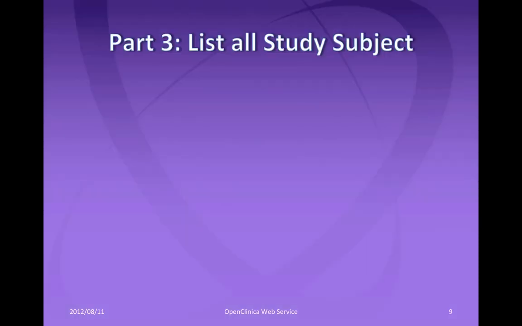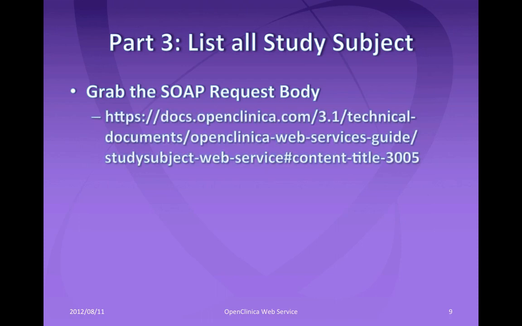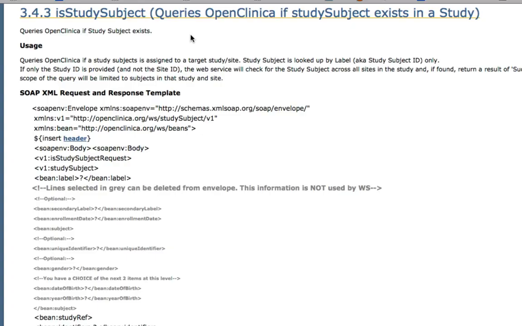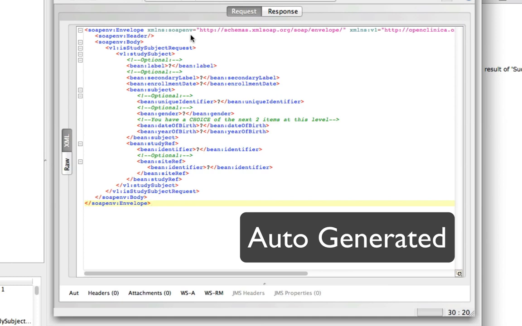First, as we did with create study subject, we go to the OpenClinica documentation site to grab the SOAP request template for the list all study subject request. By the way, I received a question about copying the SOAP UI request XML from the OpenClinica document site, while the template is auto-generated in SOAP UI when you open the request editor.